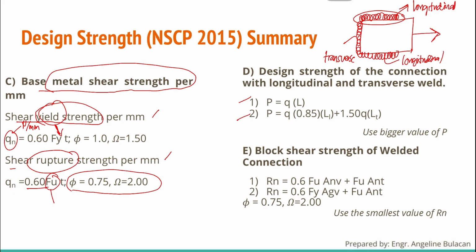The formula is P equals Q times L, where Q, we know, is 0.707 times Fw times t.